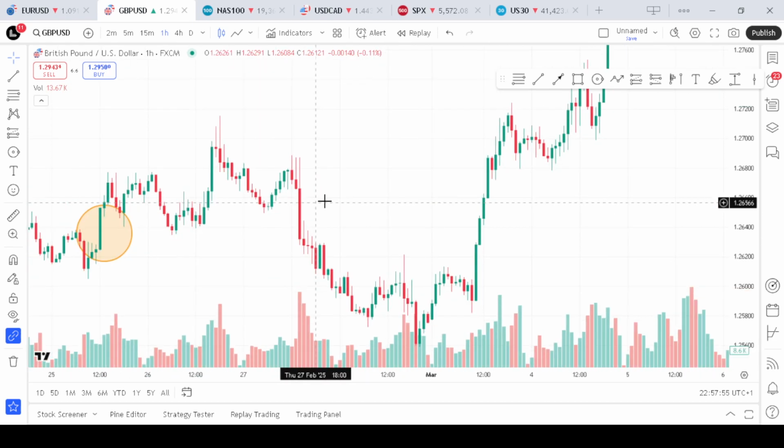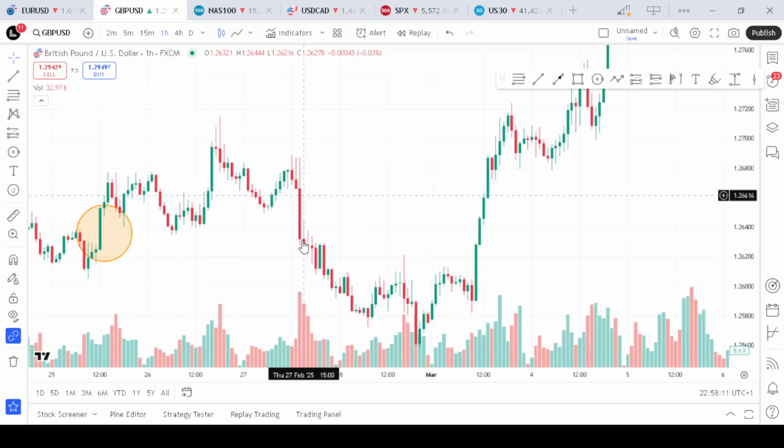And here is a bearish engulfing candle engulfing the previous 5 candles, showing that there is a strong amount of sellers in the market, and that we are going to reverse to the downside.